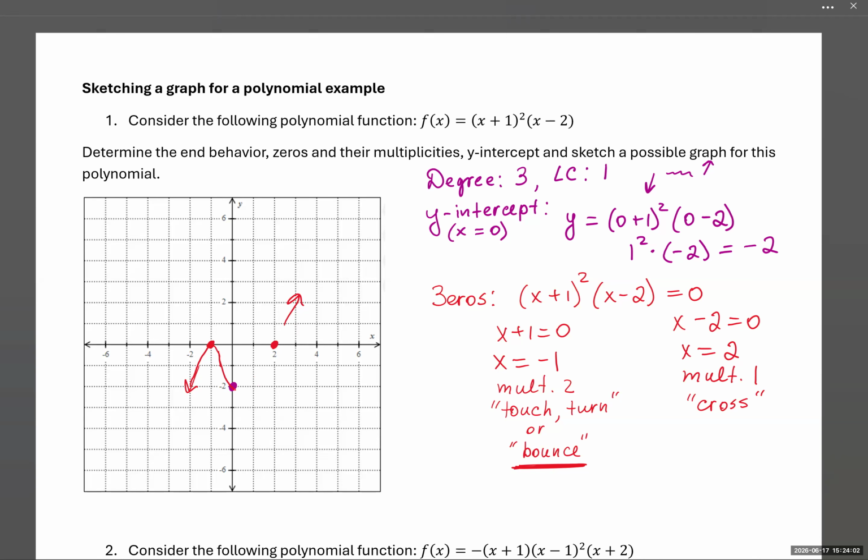We don't know how far down it goes from here. So we can go really down, or we can just turn almost immediately. I'm doing an immediate turn. We're going to connect it to the next 0. At 2, the graph should cross the x-axis, which is great because we need to connect it to the other end, which is what we're going to do. So that's it. This is a sketch for this polynomial function.